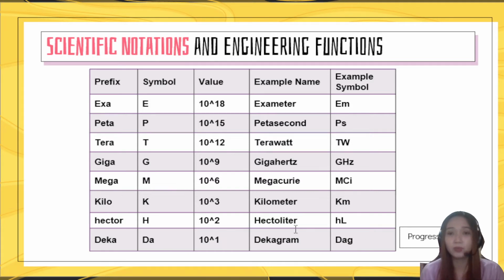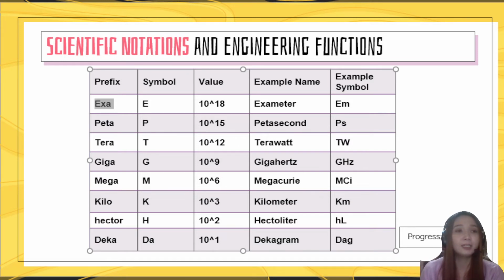You may take a screenshot of this table. Okay? And then, try to memorize this one. So, ito yung values niya, and ito yung corresponding engineering function niya. Okay? So, itong 10 raised to 18, this is for the scientific notation. Yung exa naman, peta, and so on, yun yung engineering function.